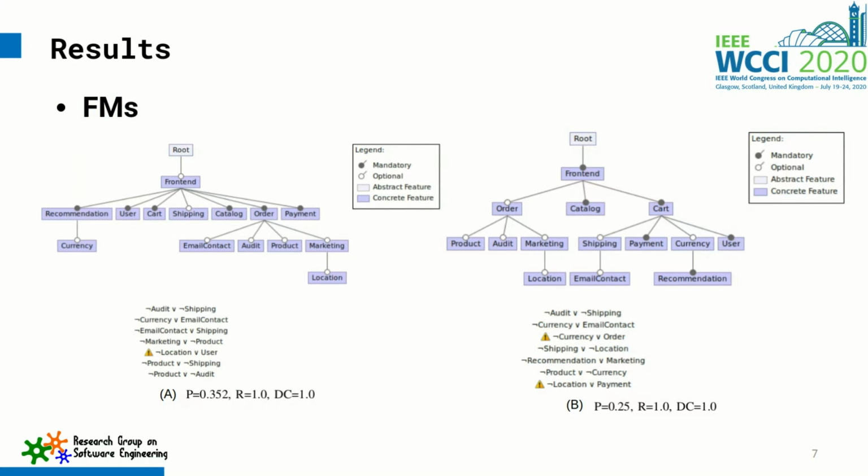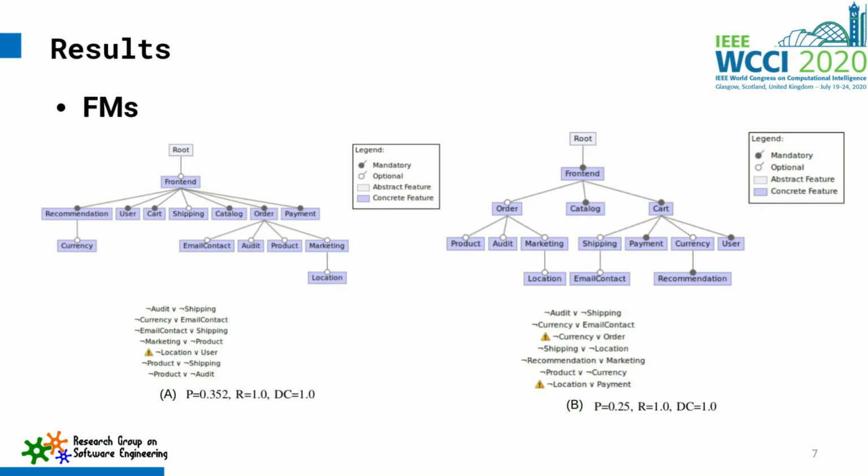These are two examples among the set of best solutions obtained by the algorithms. As you can see, they have different values of precision, and in this case both of them also have the same value of dependency conformance. In other words, they do not break any dependency that you have in the dependency graph.